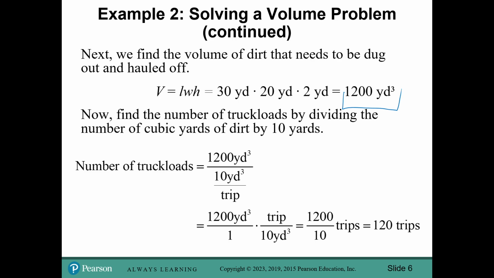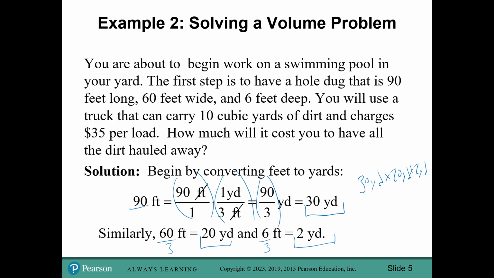Now what we have to do is find the number of truckloads by dividing the number of cubic yards of dirt by 10 yards. And you're like, okay, why are we doing that? Let's go back to our problem. We found the volume of the hole. We converted the feet so we can find the volume of the hole in yards. Now we're going to use a truck that can carry 10 cubic yards.